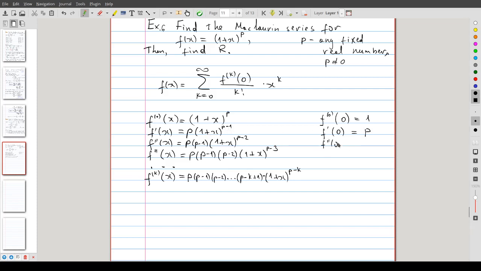The second is p times p minus 1 times this expression, which evaluates to 1. The third is p times p minus 1 times p minus 2, and so on, all the way to the kth derivative, which at 0 will evaluate to the product p times p minus 1, and so on, all the way down to p minus k plus 1.